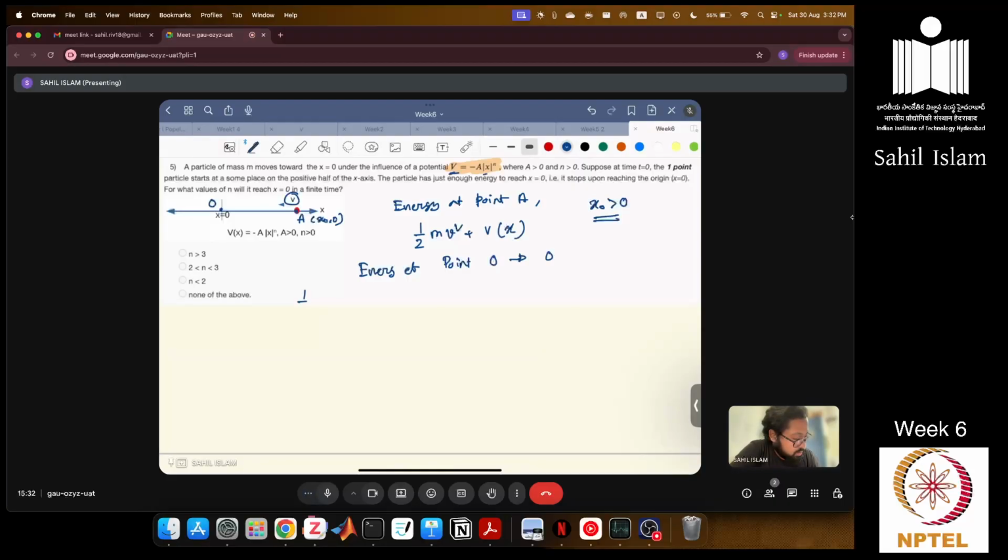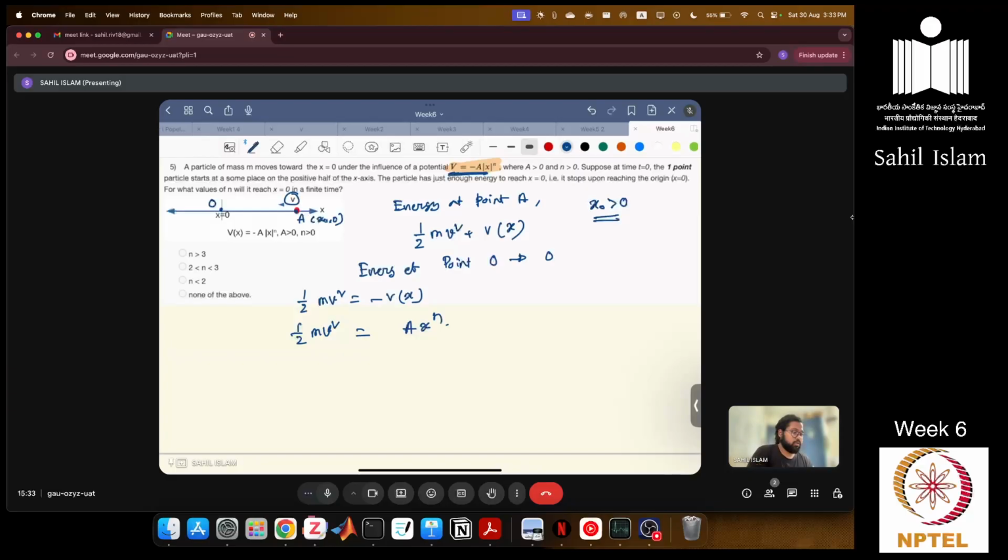So half mv square equals minus V(x). So half mv square equals a x to the power n. So V(x) is a x to the power n.